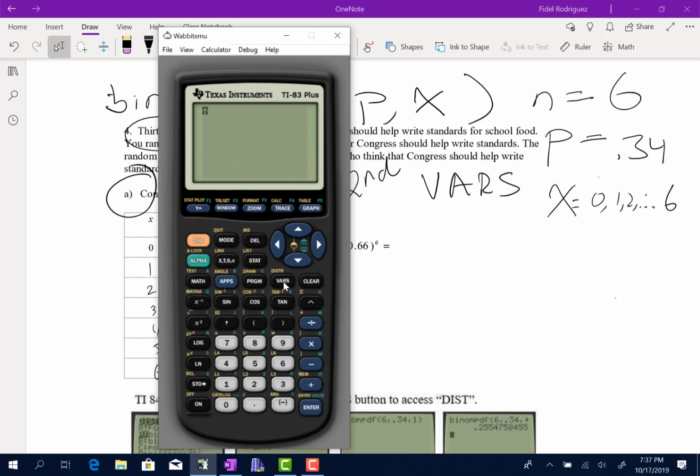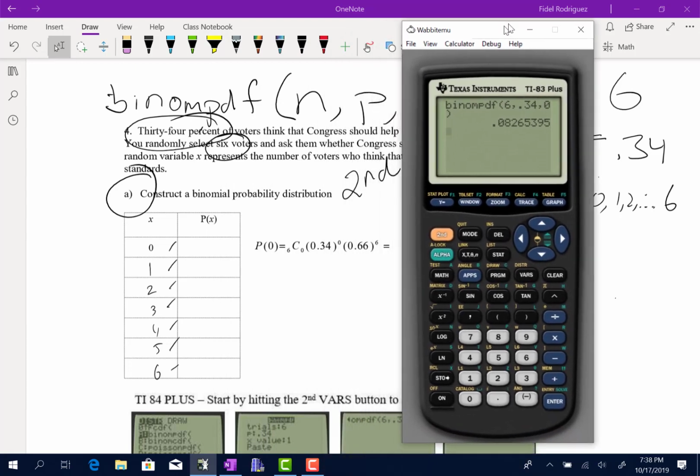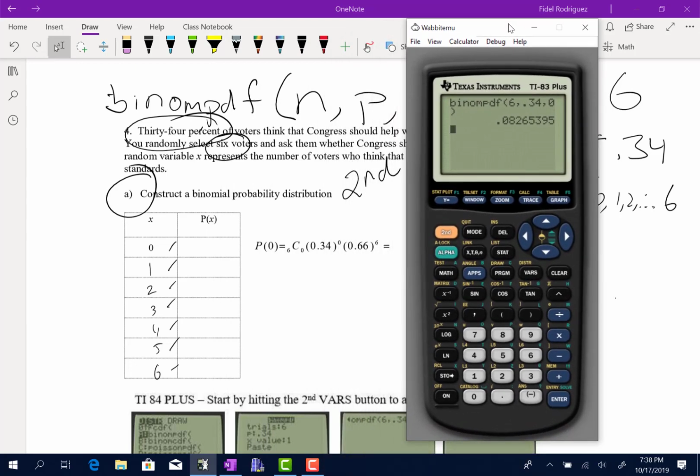Second, vars. There we go. So we said 6, comma, 0.34, comma, we said 0, and then let me close off my parentheses, and I'll hit enter. And so that first number that we came up with should have been something like 0.08. Guys, if I go again to 4 decimal places, would I put 26 or 27? 27, right? So 0.0827.